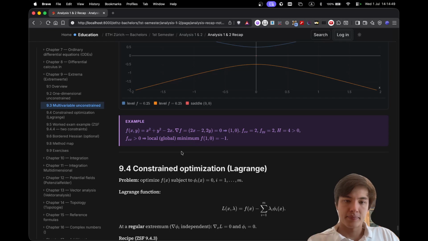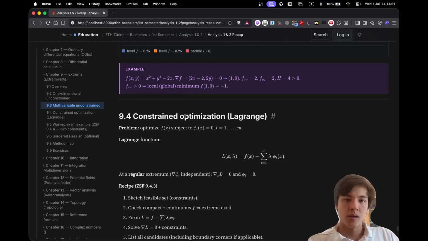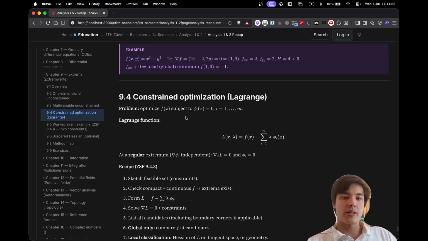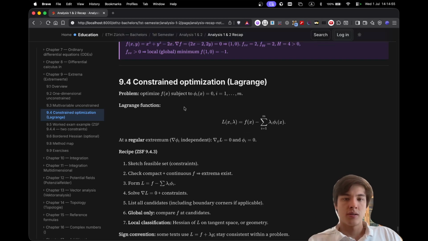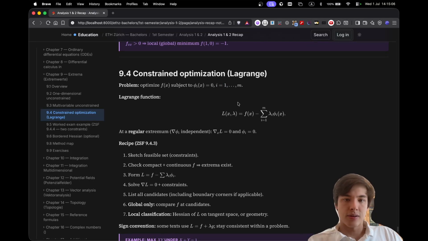Okay, now interesting constraint optimization. So we optimize f subject to some function. Then we can make the Lagrangian functions.